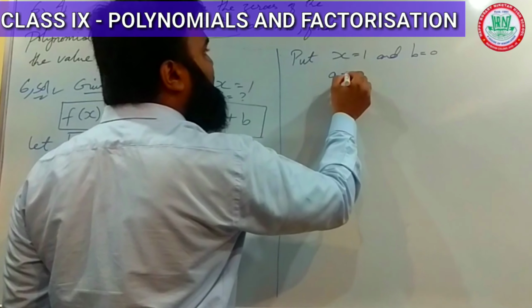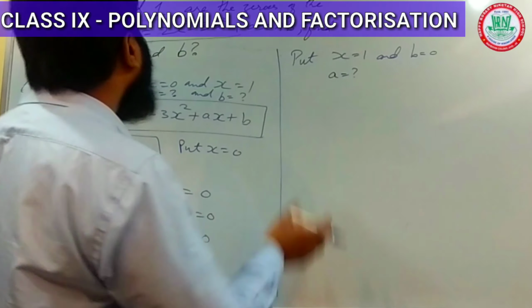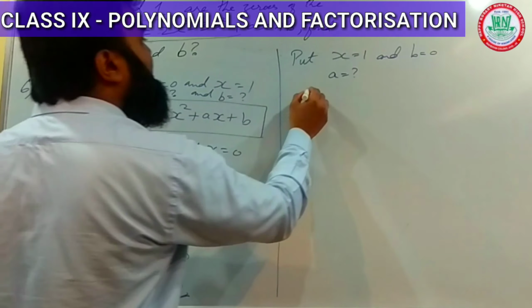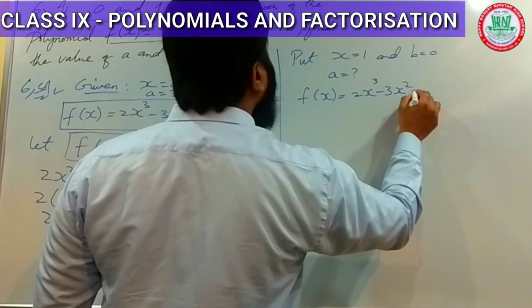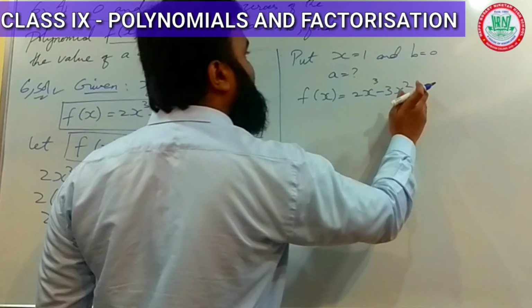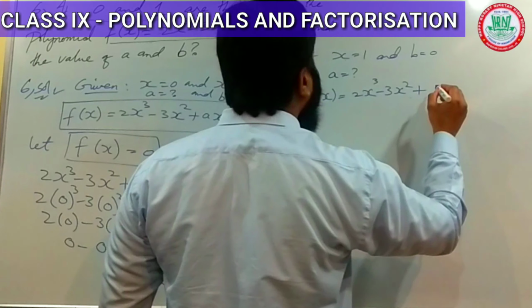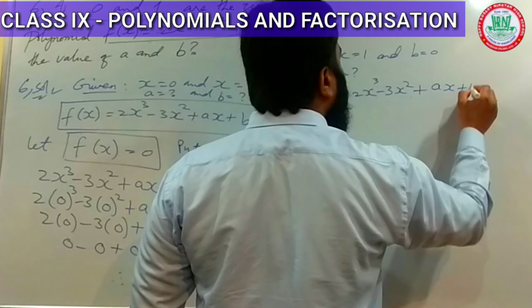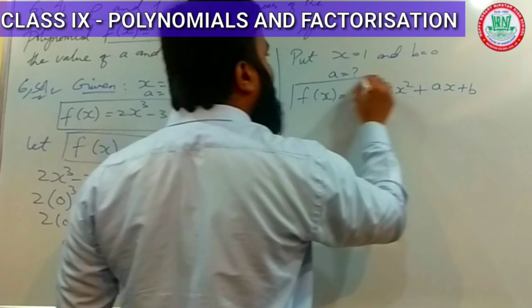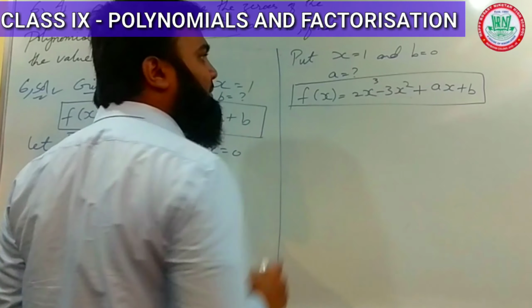Again we have to take this polynomial: f of x is equal to 2x cube minus 3x square plus ax plus b. This polynomial we have taken from the question only.